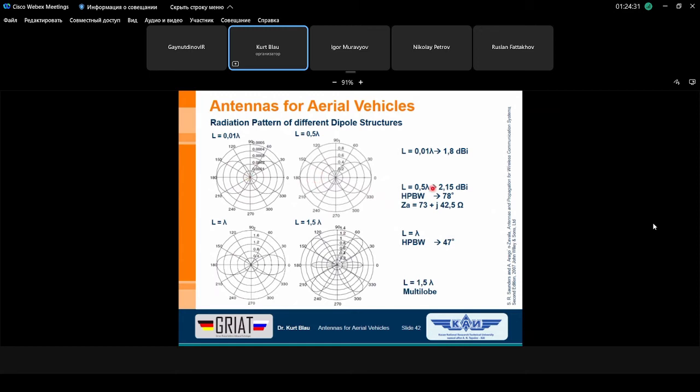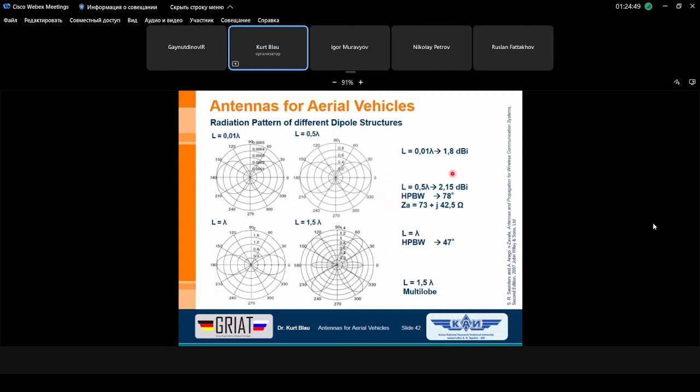You can see here, this is the case of a half-wavelength dipole, 2.15 dBi. We can keep this in mind. It's the gain of a dipole. Again, you can use such a dipole as a gain equivalent or gain normal.